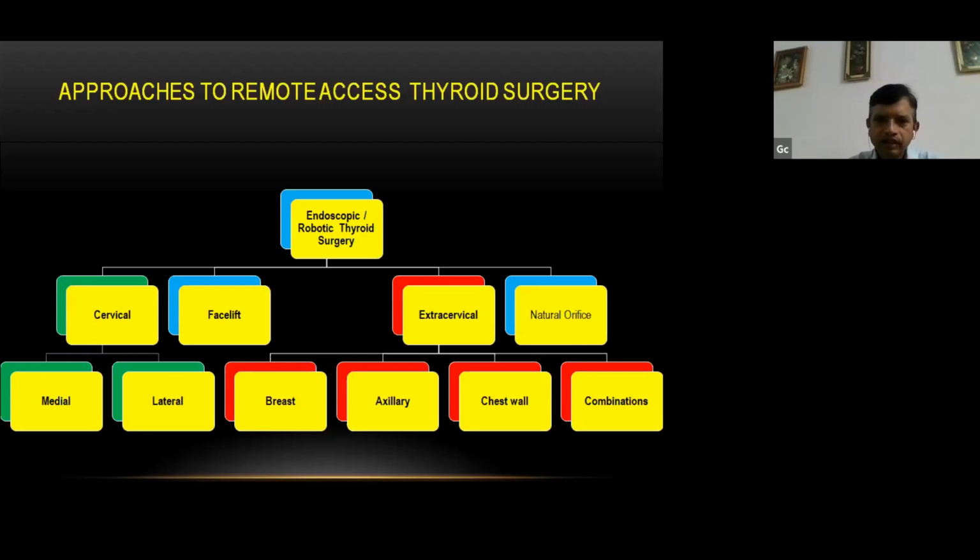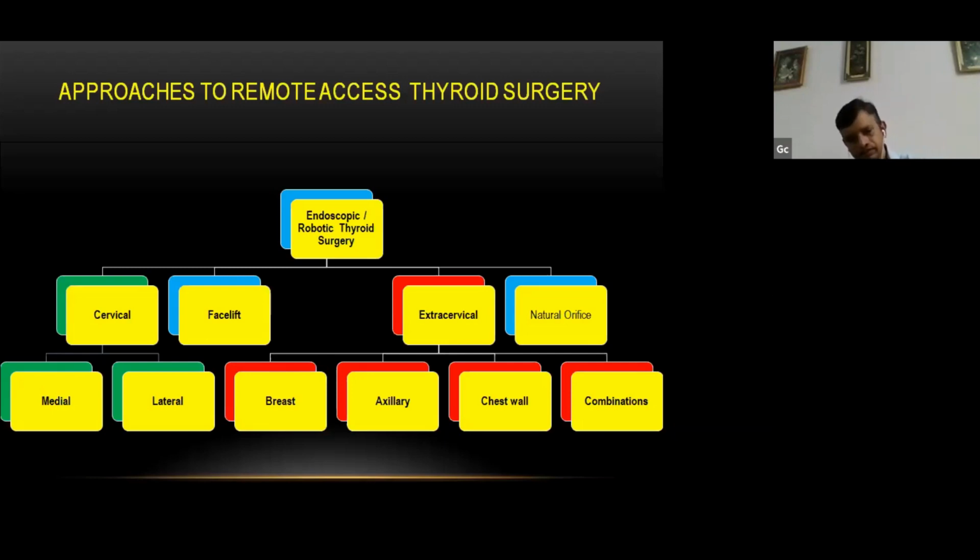And then lots of different techniques have evolved. After that, in the chest technique, they put the central incision over the sternum, where the chances of keloid are very high. So they shifted from central to the lateral side, and on the lateral side they make a big incision and reach up to the neck.